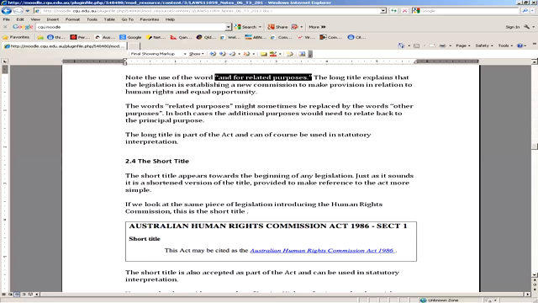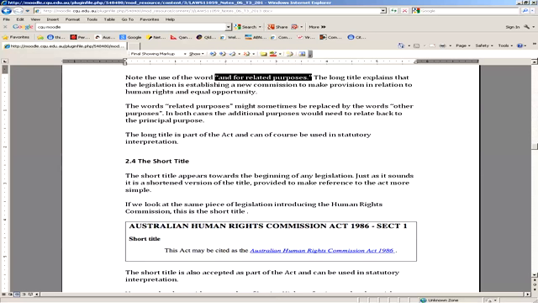So this Act may be cited, referenced, as the Australian Human Rights Commission Act 1986, and normally you'd reference that with, after 1986, you'd go open brackets, Cth, close brackets, to say, well, it's a Commonwealth Act, and that's its title.